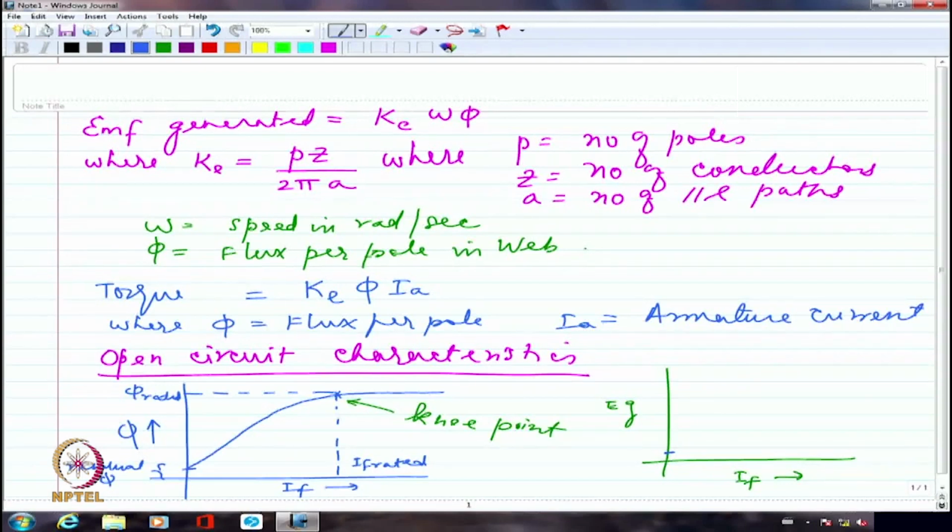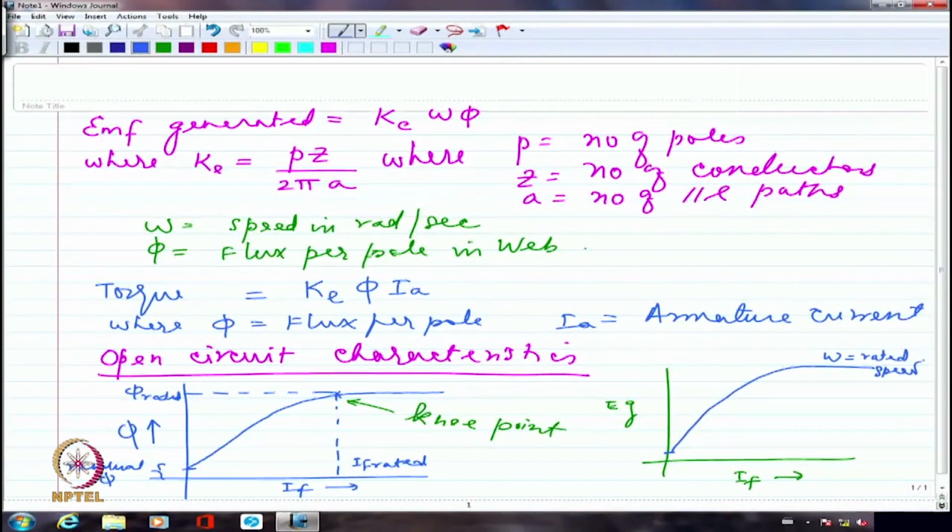If a machine is given, generally it will come with nameplate details: the maximum current it can withstand or the average current you can pass through the machine, and how much voltage you can apply if it is operating as a motor. It will also tell you the rated speed and the rated power. All those things will be given, so I should be able to say clearly whether I am operating at rated speed or not. The prime mover is going to rotate it at a particular speed. So let me say omega equals rated speed.